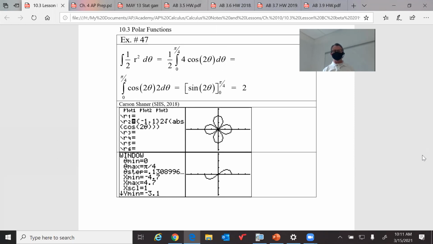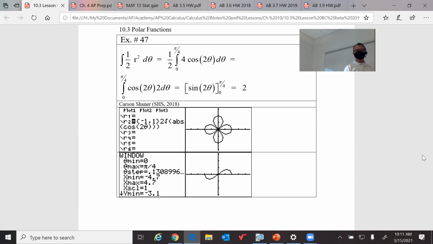And then here's how Carson did it. Carson said if I go from 0 to pi over 4, that's his picture of the graph. From 0 to pi over 4, the area under the curve is 2.